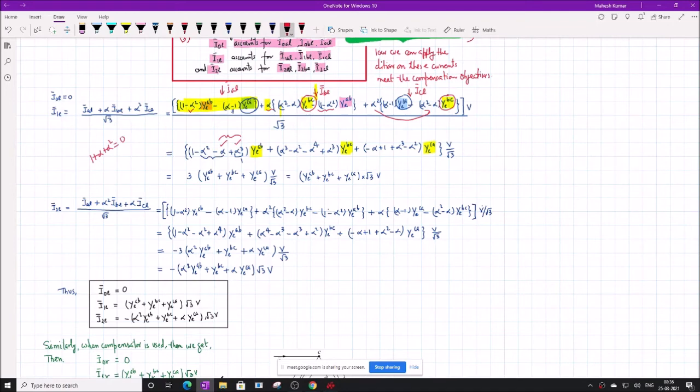So this becomes 3. Similarly, this becomes 3 also, because alpha cubed is 1, this is 1, this is 1, and this is alpha. So minus alpha square minus alpha becomes also 1.